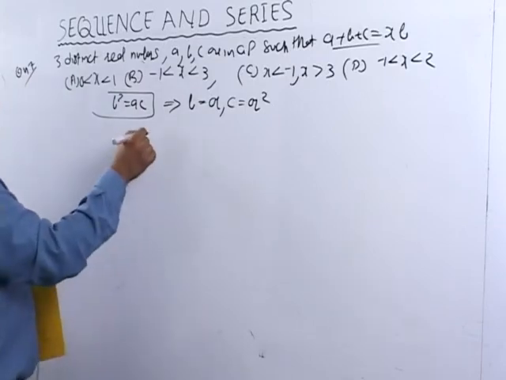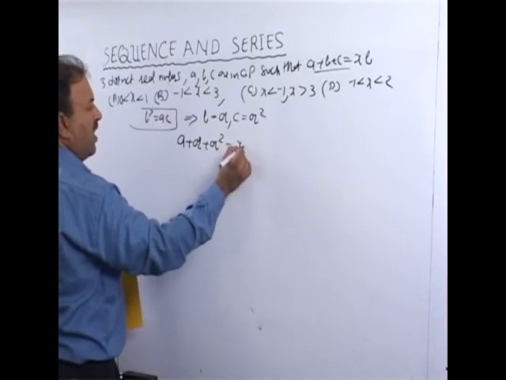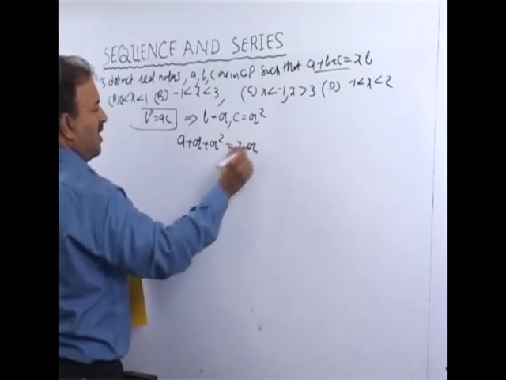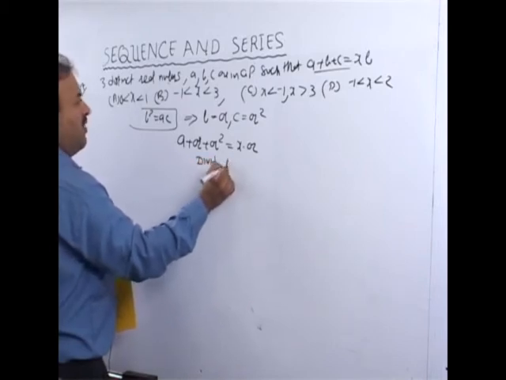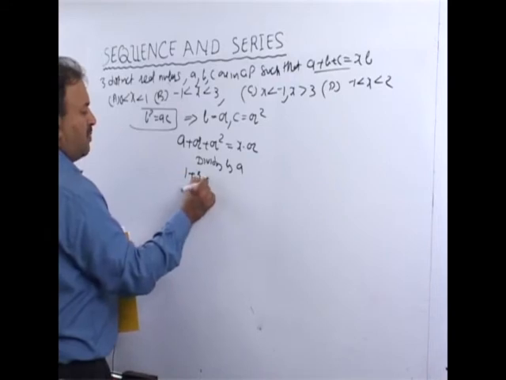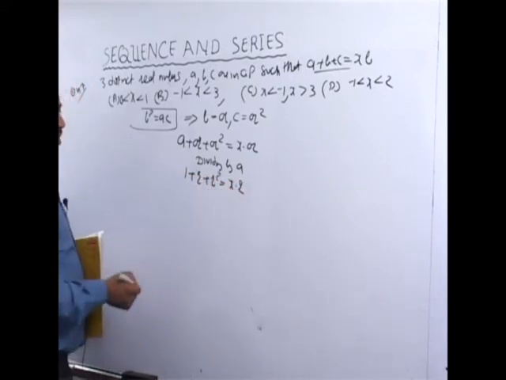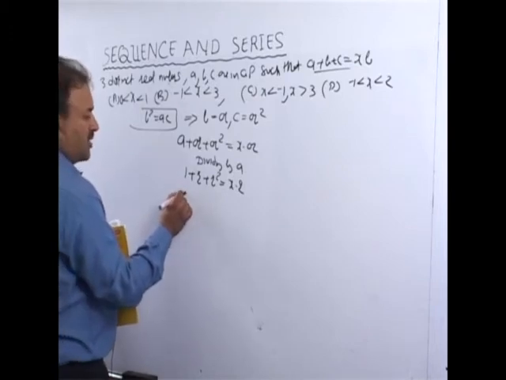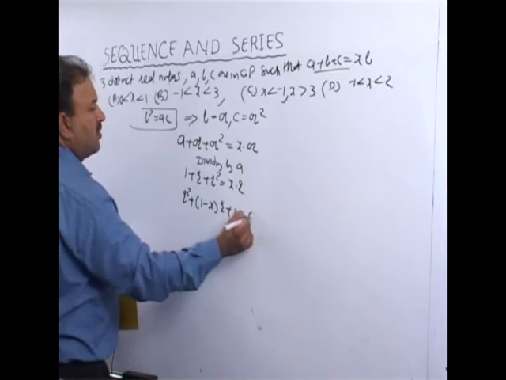Apply in this equation, it is A plus AR square is equal to X. B की जगह कितना आएगा, AR. Dividing by A, we got it what? It is 1 plus R square is equal to X into R.